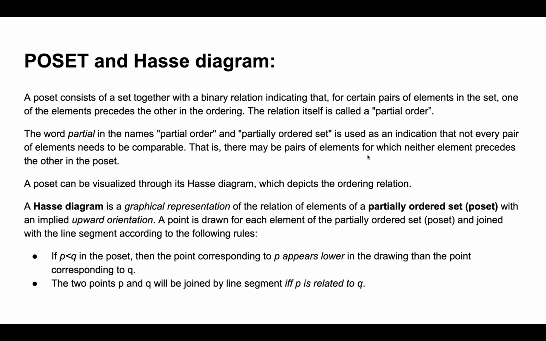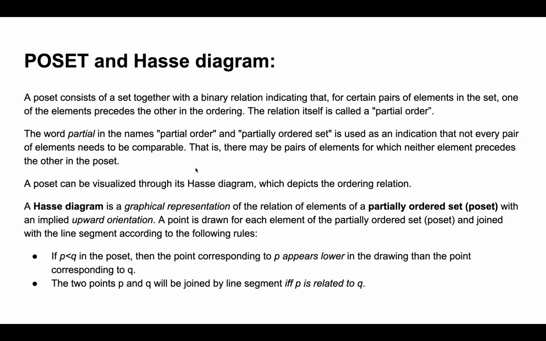Partial ordering means sometimes the ordering may be here and there, considering the binary relation. The relation taken will define what type of pairs are there in the elements, which will precede the other in the poset.